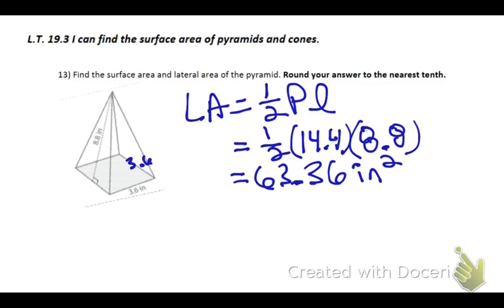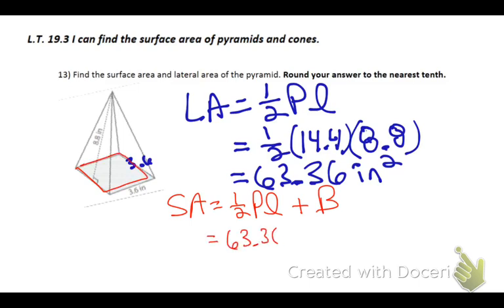All right, now we're going to do surface area, which is going to be 1/2 times the perimeter of the base times the slant height, plus the area of the base. So we have to add in the bottom as well. So we're going to do 63.36. The area of the base happens to be a square. So the way you figure that out is just length times width, or side times side.